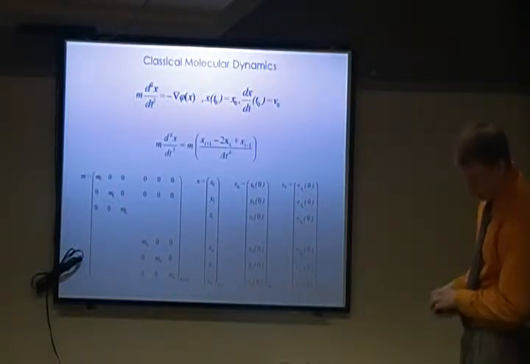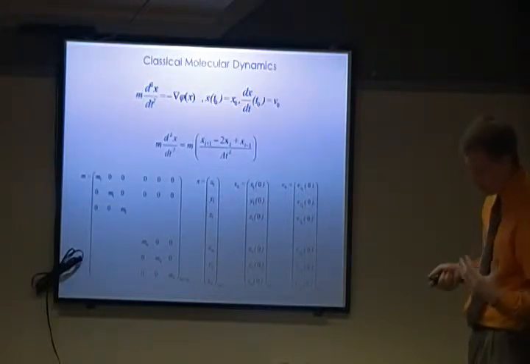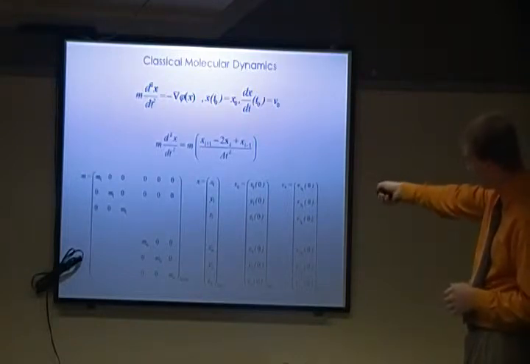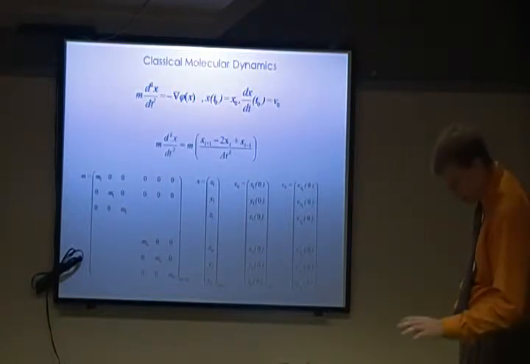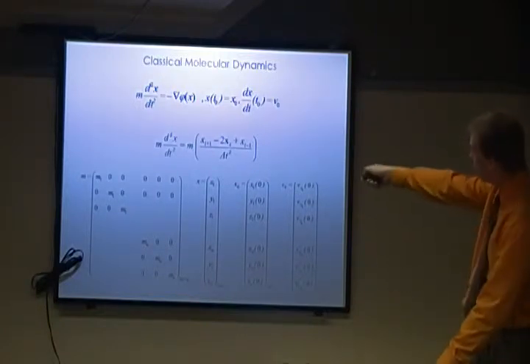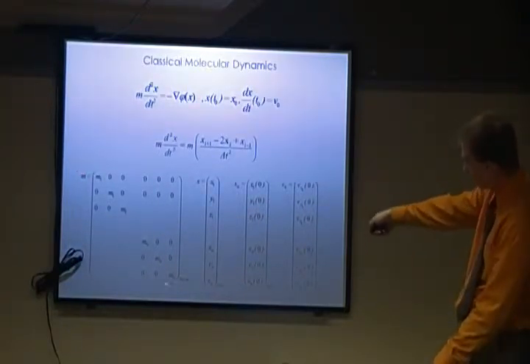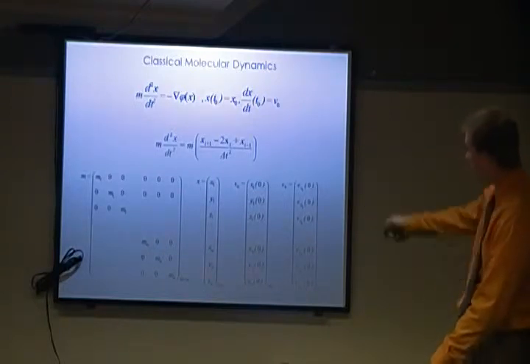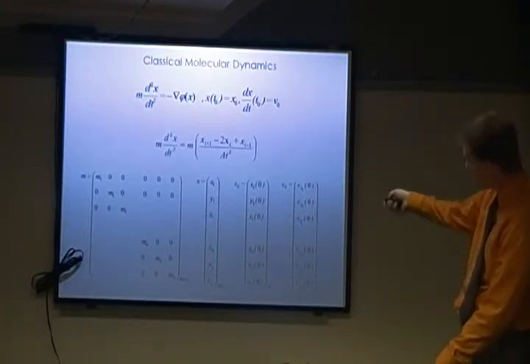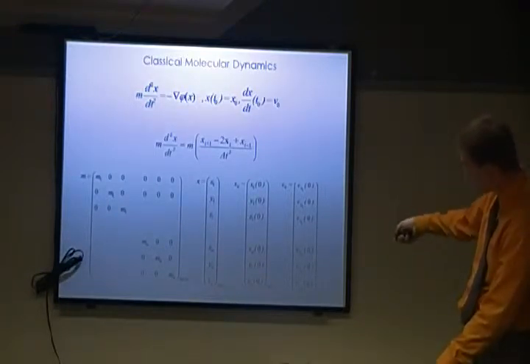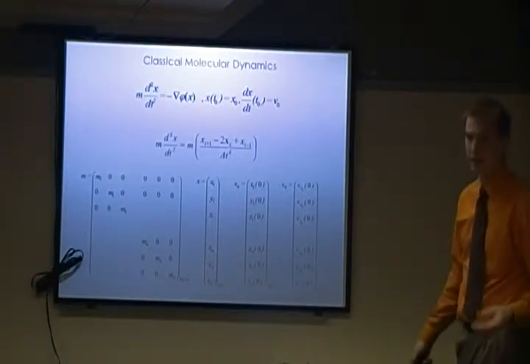Because the acceleration, the second derivative of the position function x, is represented by the finite difference here, which is a numerical method of approximating the second derivative. The mass is written in a diagonal matrix of 3n by 3n. The x is a position vector given for each of the atoms, the x, y, z coordinates. And then, of course, x naught is just the first position at time 1, and v naught is the velocity at time 1.